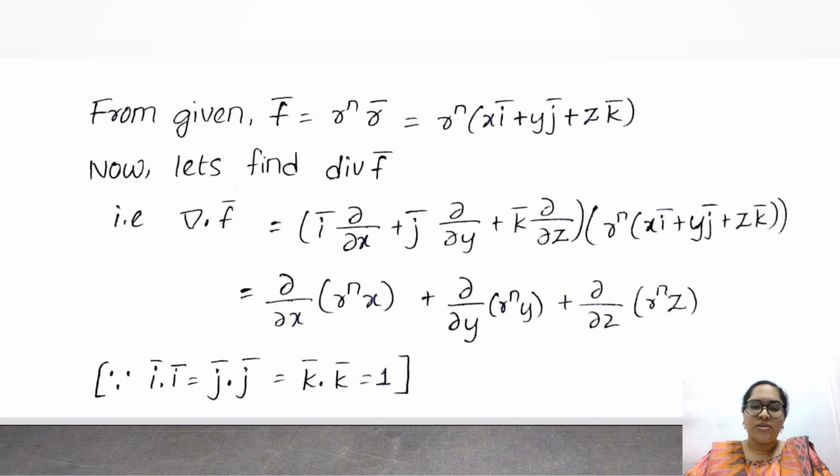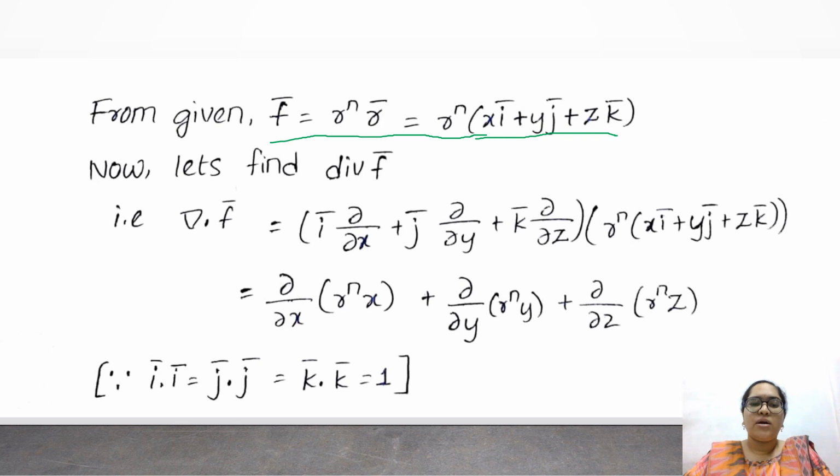Now we write f bar equals r power n into r bar as r power n into x i bar plus y j bar plus z k bar. From the first slide, we have taken r bar as this whole value and just multiplied it.